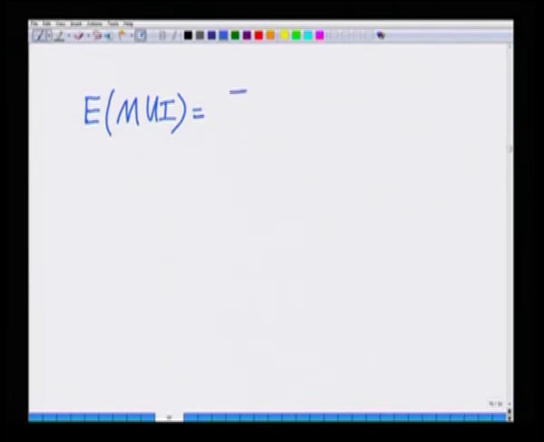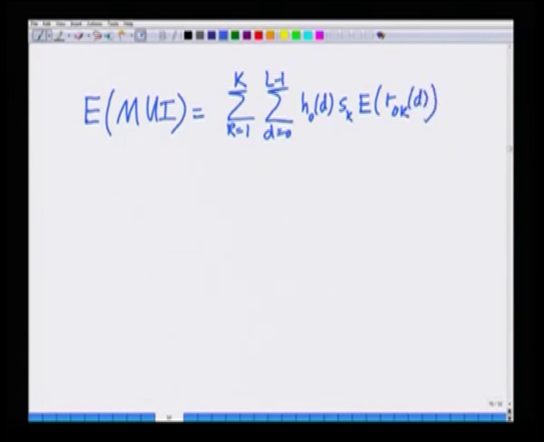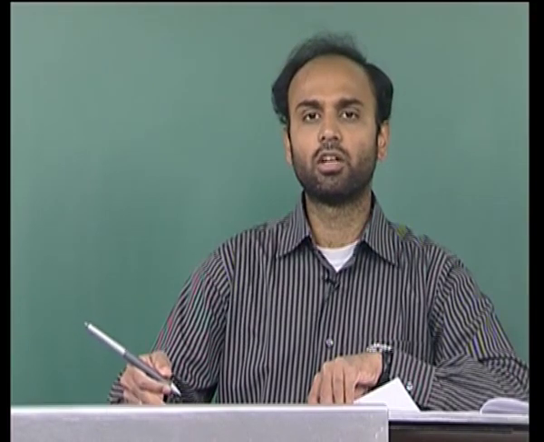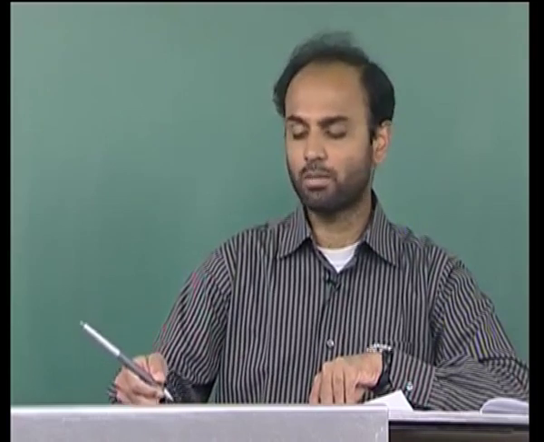So, this is summation k equals 1 to capital K, summation d equals 0 to L minus 1, H 0 of d, Sk, expected R 0 k of d. The expected value of each R 0 k of d is 0, hence this is a summation of zeros, hence this is 0. So, this is interference with expected value 0, and we have seen this several times before. So, there is no need to belabor that point again.